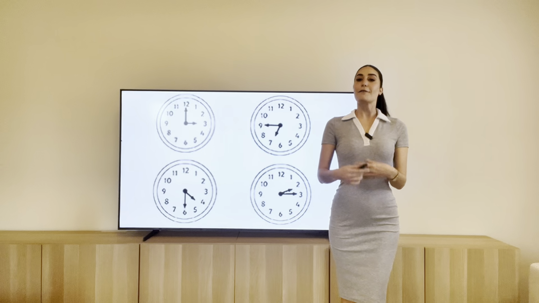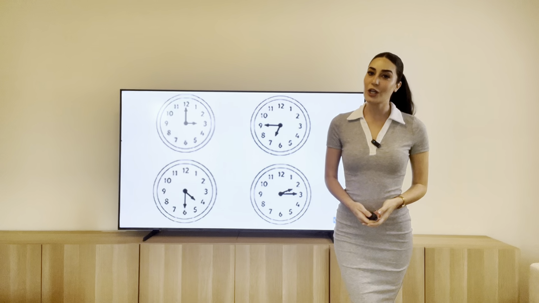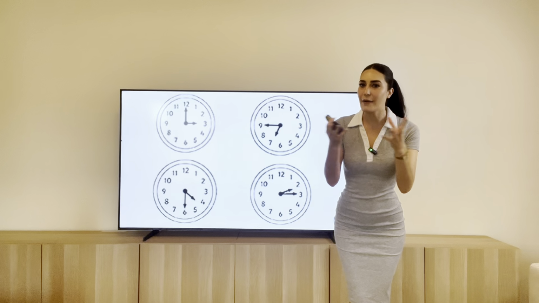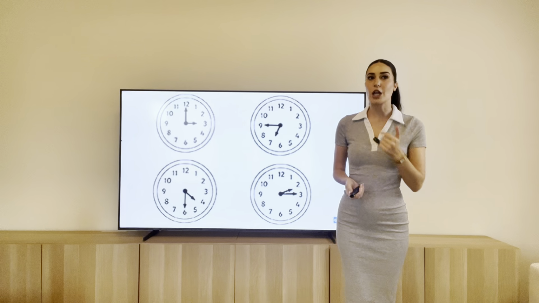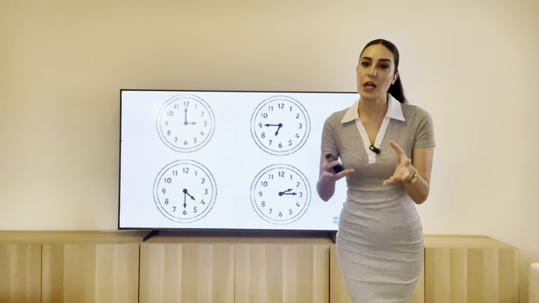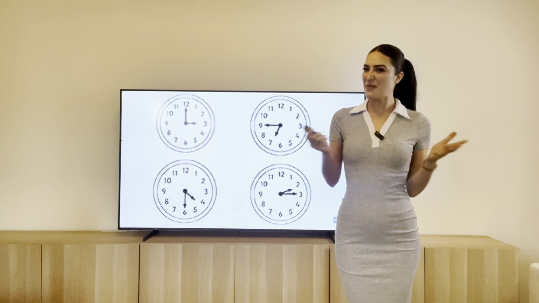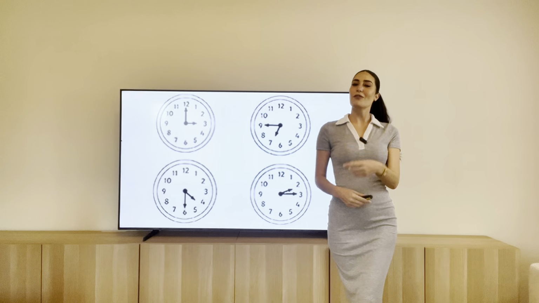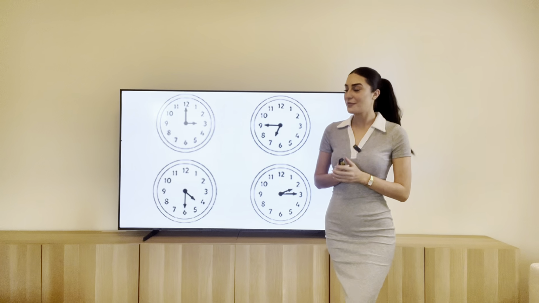But when we're speaking fluently in English, it doesn't really come out as 3 o'clock. We normally kind of marry those words together. We say 3 o'clock, 3 o'clock. So it kind of ends up being 3 o'clock, rather than saying 3 o'clock. Does that make sense? As you become more fluent, you'll marry the words together. It's 3 o'clock, is what I would say.